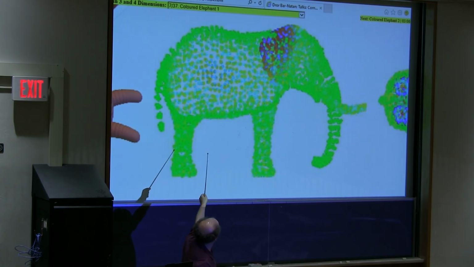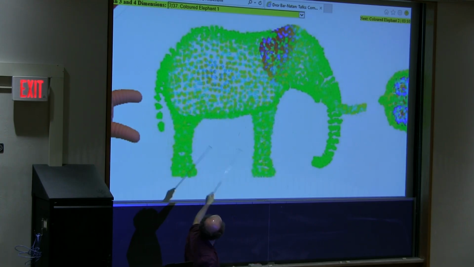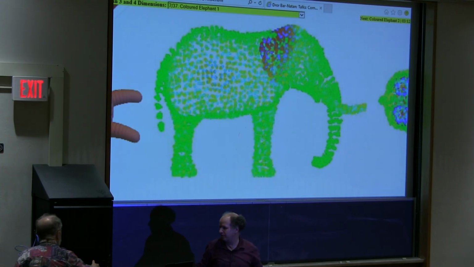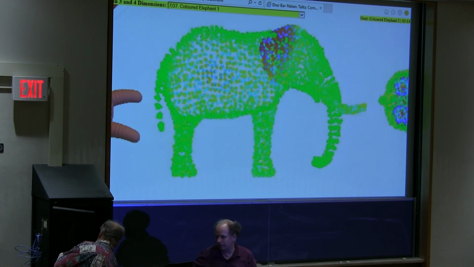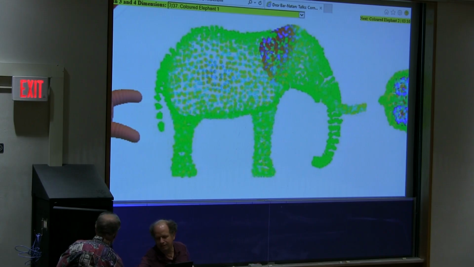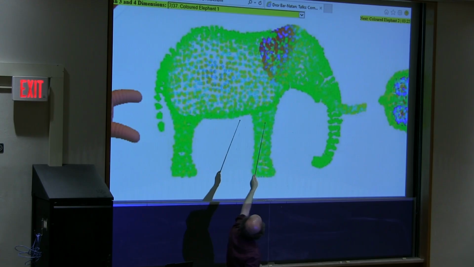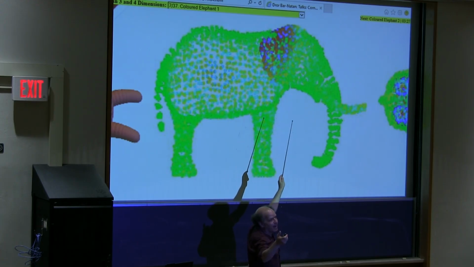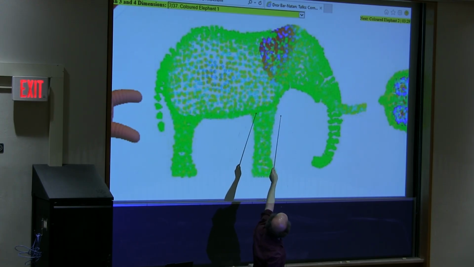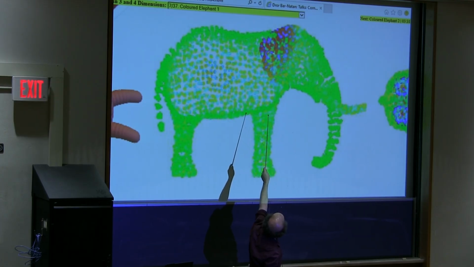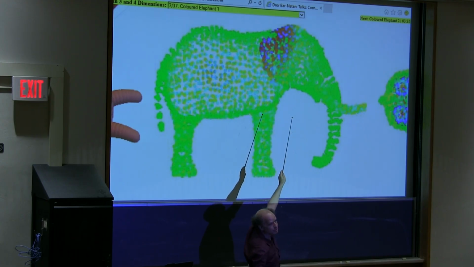It might be hard to see because you're sitting far and the dots may mix into each other, but if you look on the handout, and that's one reason why the handout is there, you may be able to see a little bit better. Anyway, the point is, I can tell that the ears stand out to either side because there is a lot of red and lots of blue dots up there where the ears would be.